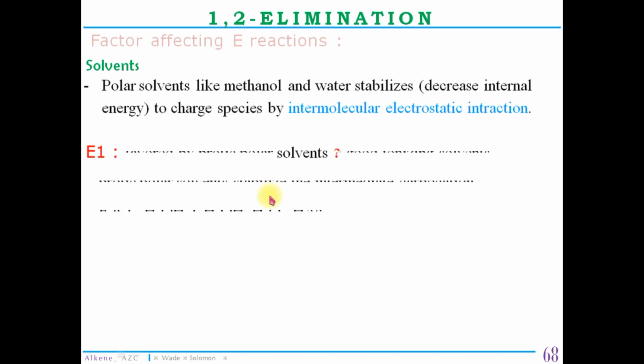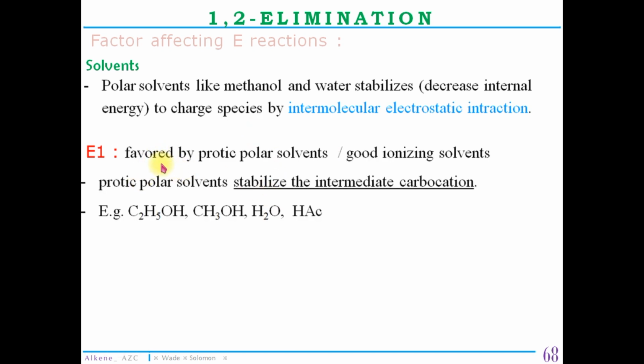So a polar solvent favors the E1 mechanism by good ionizing power. Protic polar solvents stabilize the intermediate carbocation. Examples of this type of solvent are ethanol, methanol, water and acetic acid.